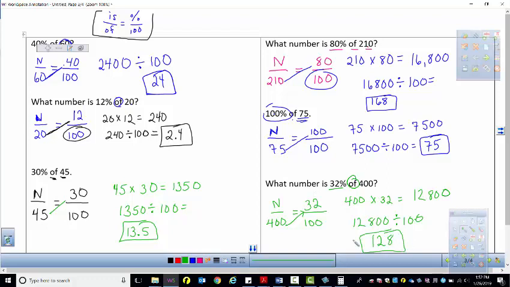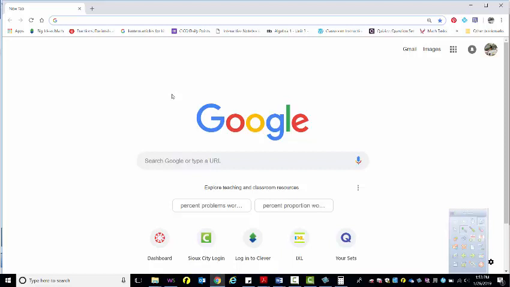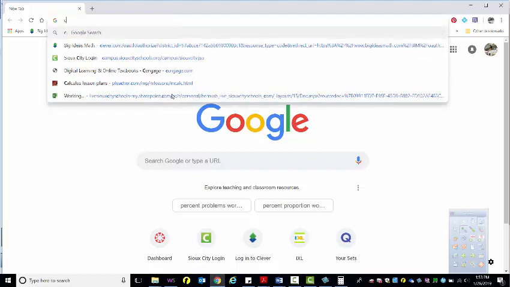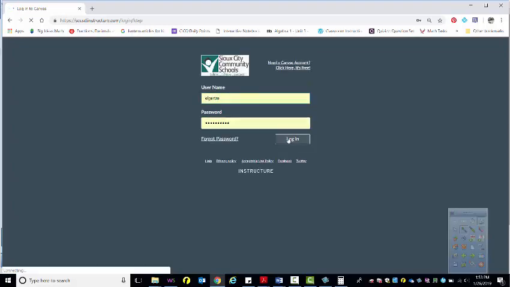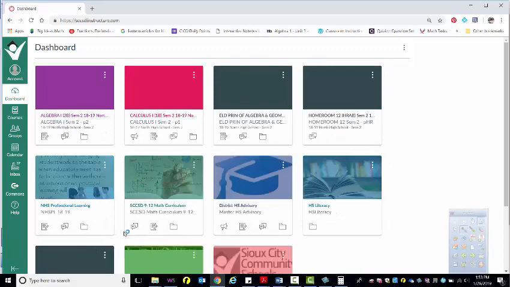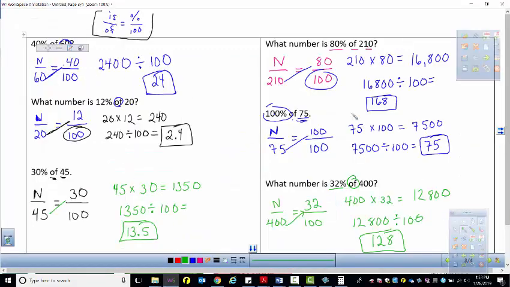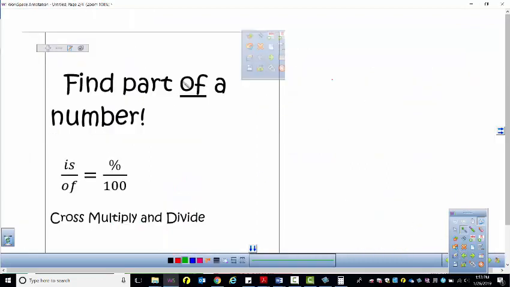Okay, so now your job is you need to go to Canvas. So you're going to go back to Canvas. And when you get there, you should have a quiz that is called the same thing. That quiz should be called Find the part of a number.